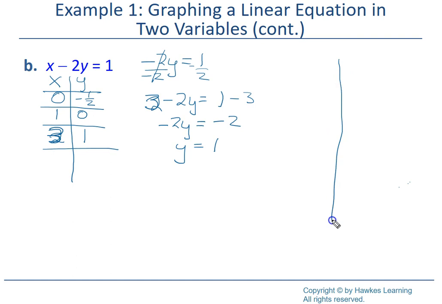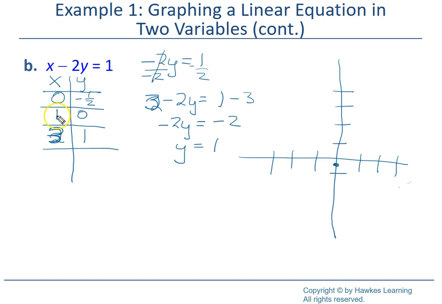So let's graph these. I have a 0, negative 1/2. So I'll make these lines a little bit bigger so we can see it better. So 0, negative 1/2 is going to be right about there.